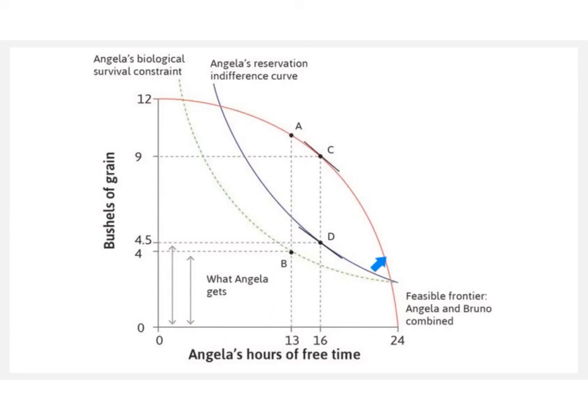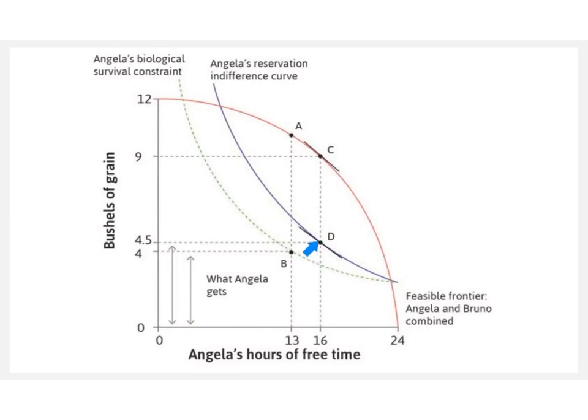The gains from 1 more hour of work, steeper slope here, are greater than what Bruno has to pay Angela along her reservation indifference curve, all the way up to point C and point D. That's that tangency there. Any additional offer would cost Bruno more than it would take to get Angela willing to work 1 more hour. So notice she's working fewer hours, she's got more free time, and she's got more grain.